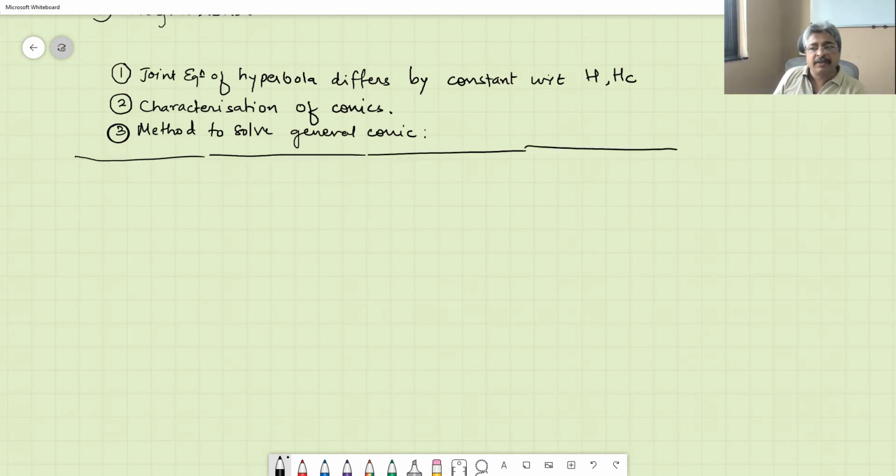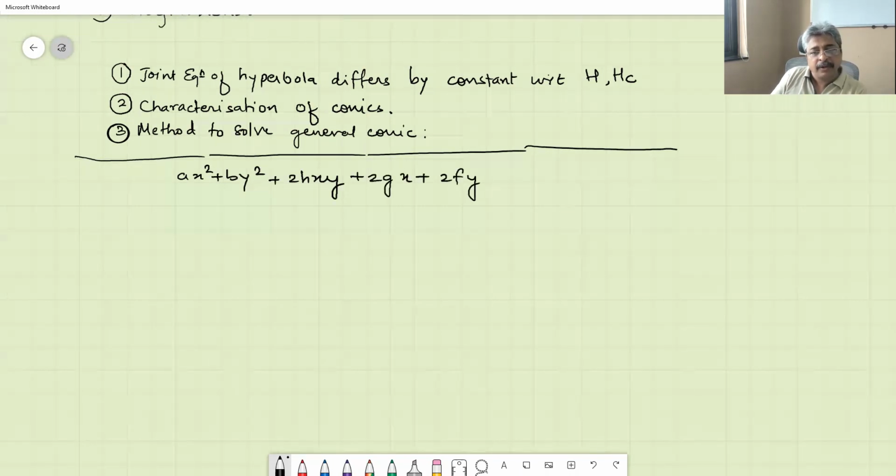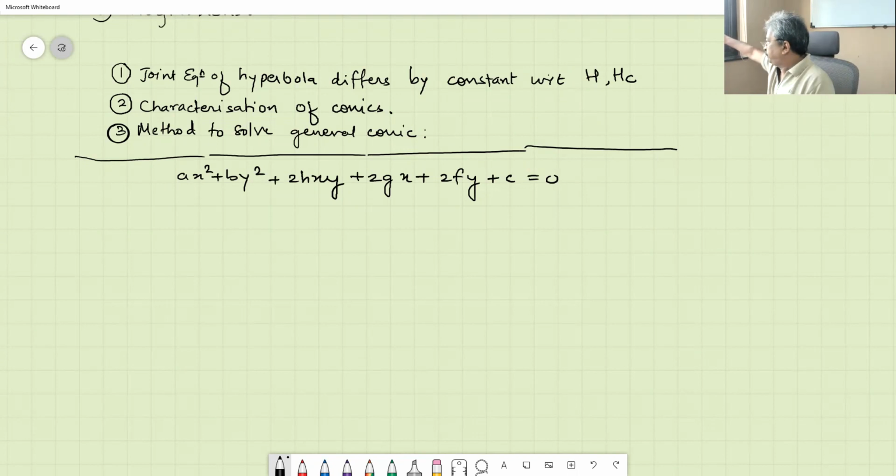So I will begin with ax square plus by square plus 2hxy plus 2gx plus 2fy plus c is equal to 0. This is the general equation which is given to you.